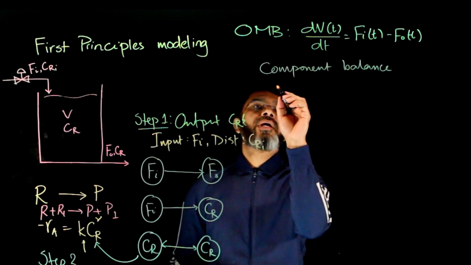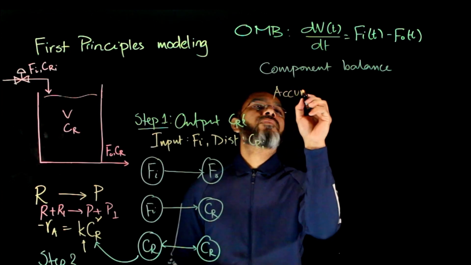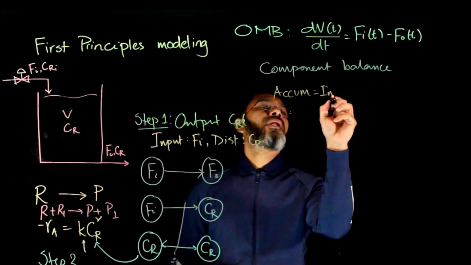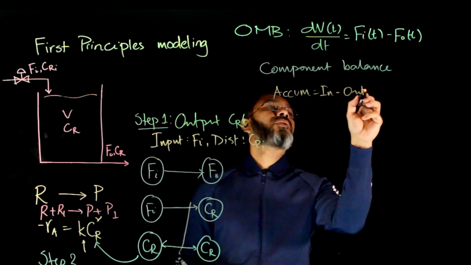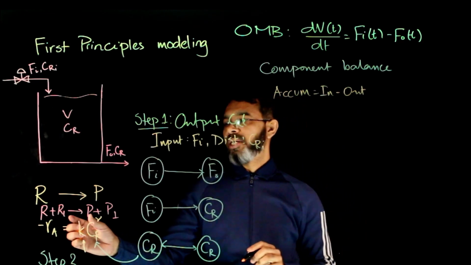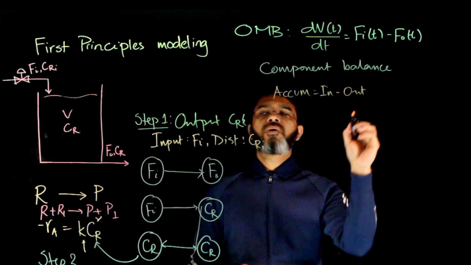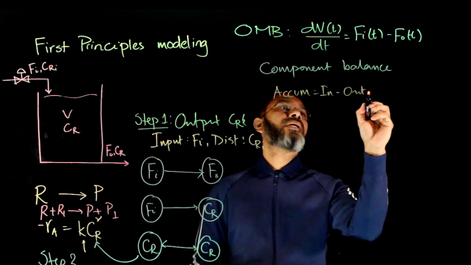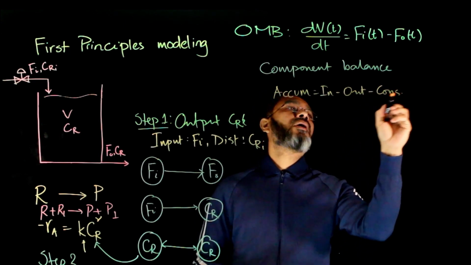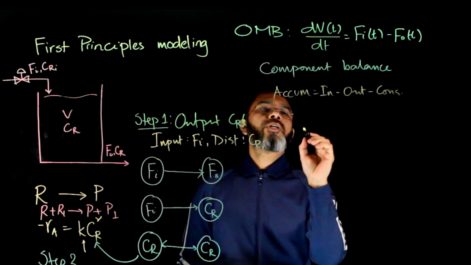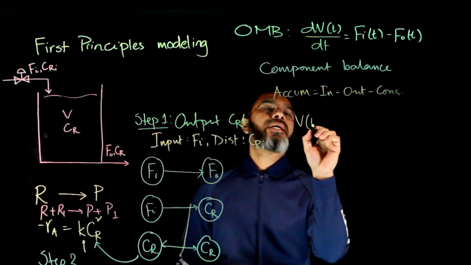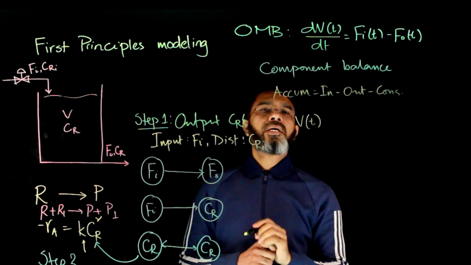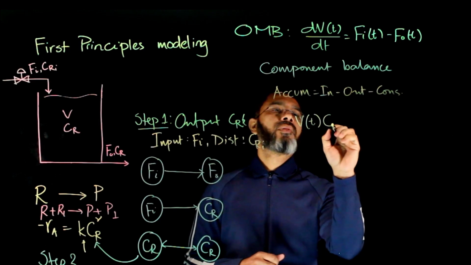again in the simple form we can write accumulation equals in minus out. Here we don't have any generation term because we're considering in terms of the reactant, so minus consumption. So for the accumulation term we'll write just to indicate the variability of the volume.